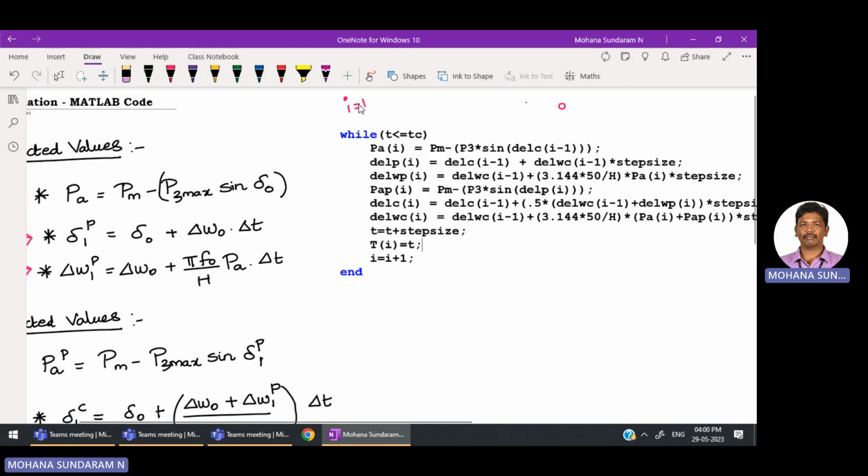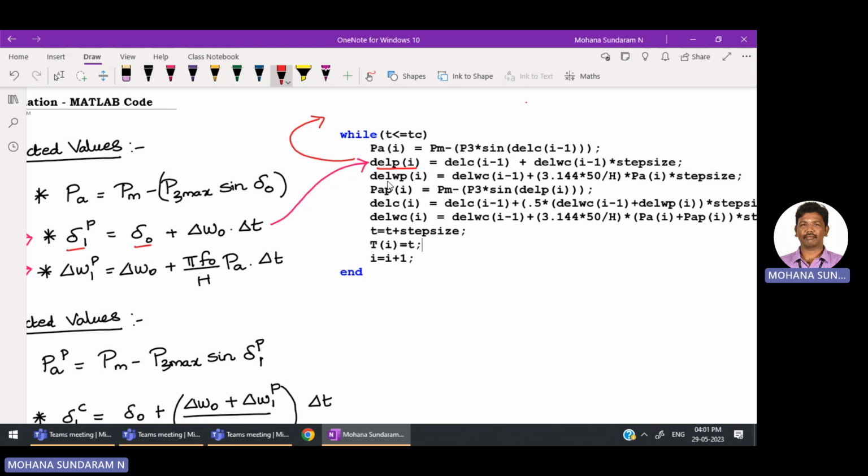We'll go one by one. Next one is this one, del 1p. So this equation, you can find it here. Okay. So this also, let me rewrite here. It is given like this, del 1p. That is, del 1p equal to del naught. See, if one is present here, it should be 0. That is why we have I here and we have I minus 1 here.